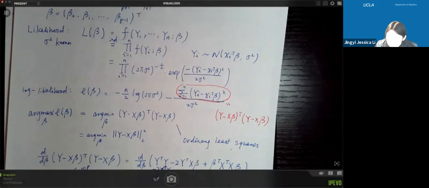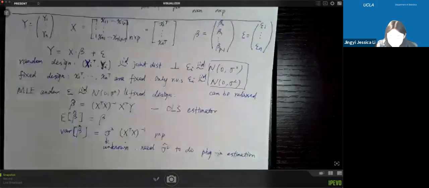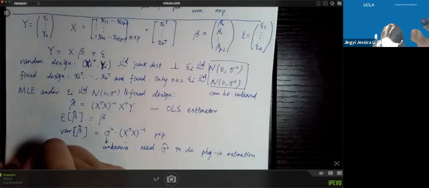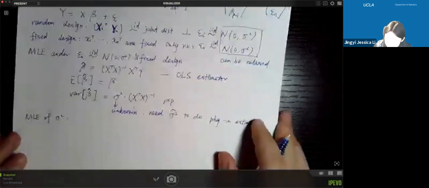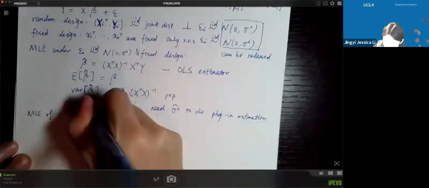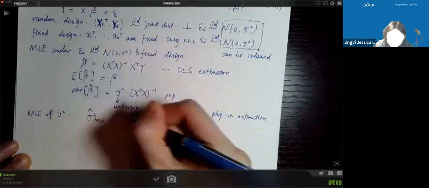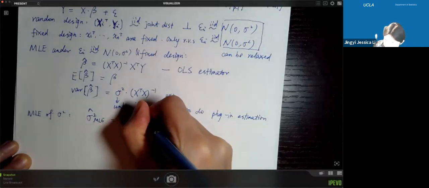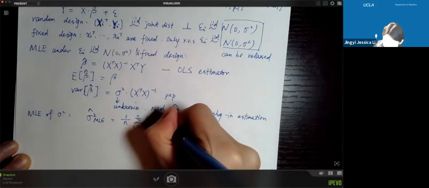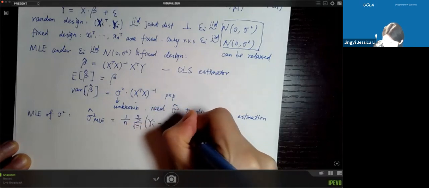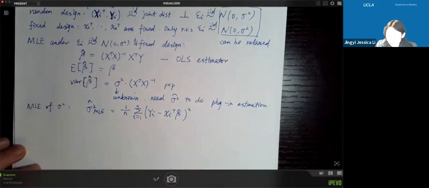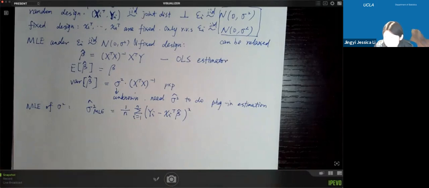But it's not difficult to show that here the sigma square MLE, I'll call this sigma square MLE, is just 1 over n summation i from 1 to n of (yi minus xi transpose beta hat) squared, where beta hat is what we have from the OLS or MLE. So we can easily show this will be the solution.